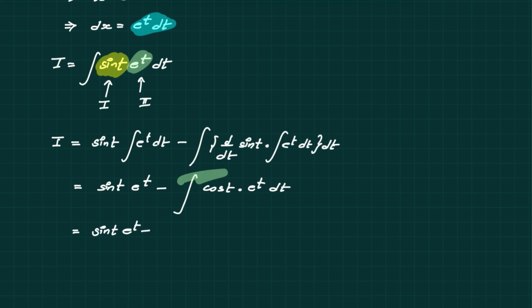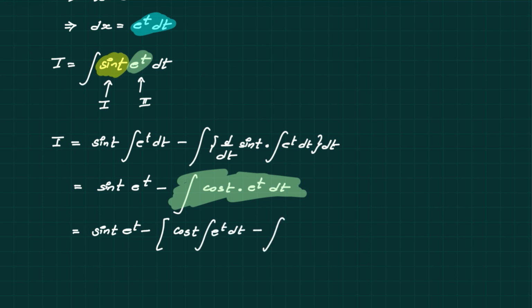Now again integrating this portion by parts, we will have first function, that is cos t, into integration of second, minus integration of d/dt of first into integration of second, dt.